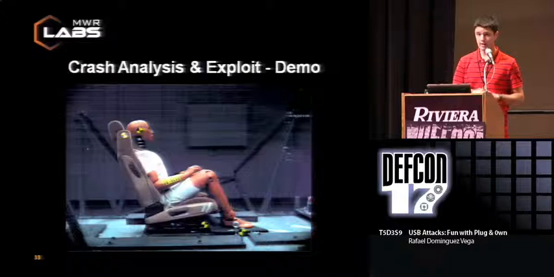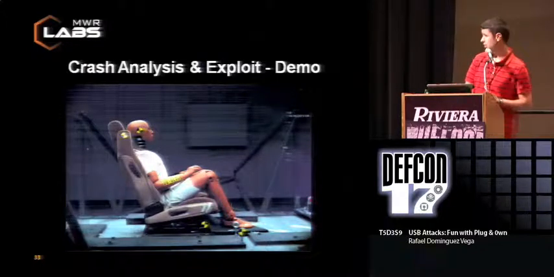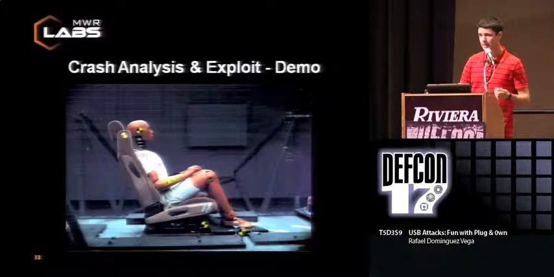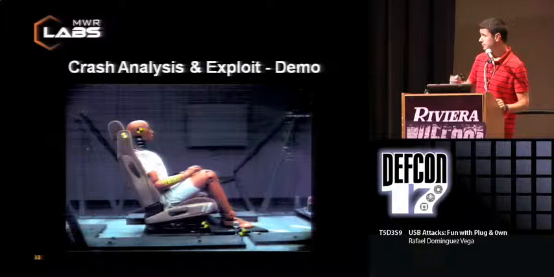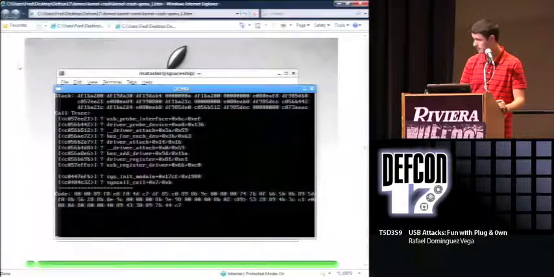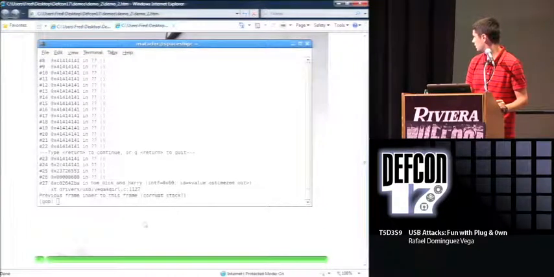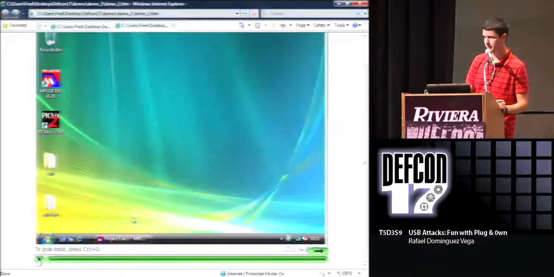We'll be flashing the microcontroller with our shellcode, and then we'll be plugging this into the target system and going through to see what is going on with this exploit. Oh, ta-da! I just showed the end of the demo. Very good.